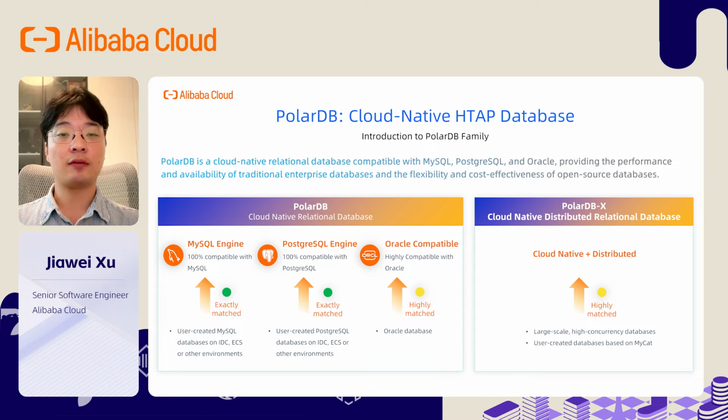This means it delivers the high performance and high availability of traditional enterprise-grade databases, while offering the continuity of user experience and cost benefits of open source solutions. And for scenarios demanding extreme scale, we have PolarDB X, our cloud distributed relational database designed to handle massive data and high transaction volumes efficiently.